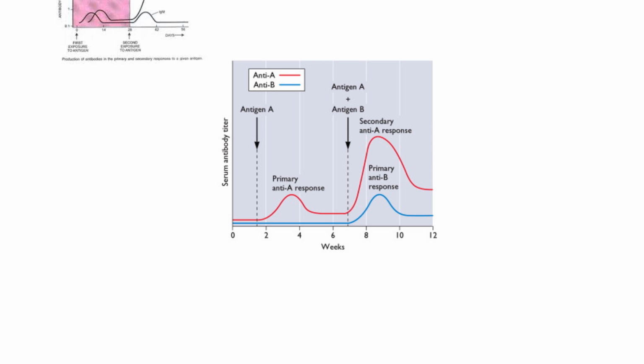Primary is like you've never seen it before, and you haven't. You didn't get the antigen here. So you got to remember, just because you vaccinate an animal for one antigen doesn't mean you get antibodies for other antigens. That's the take-home message here. It's very specific. If you vaccinate a dog for rabies, it's not immune against parvovirus, for example.